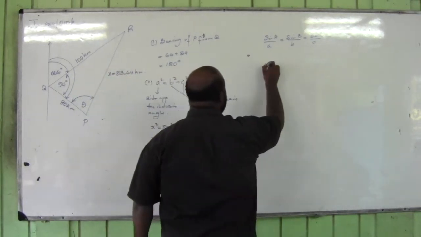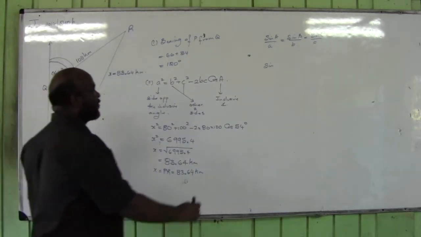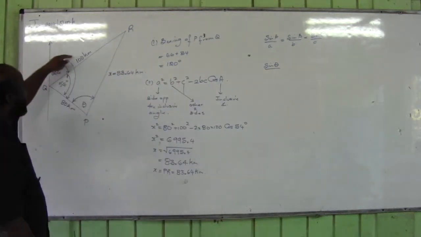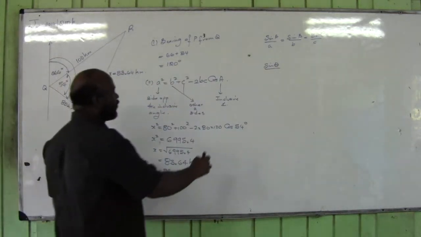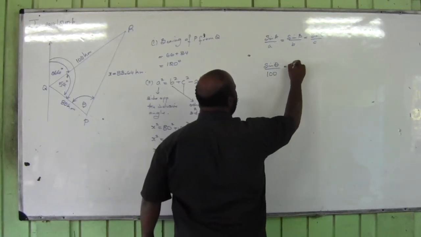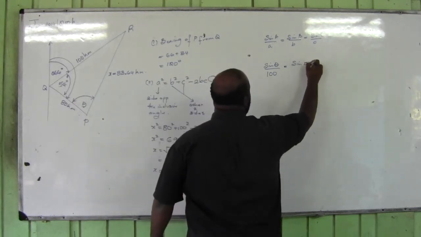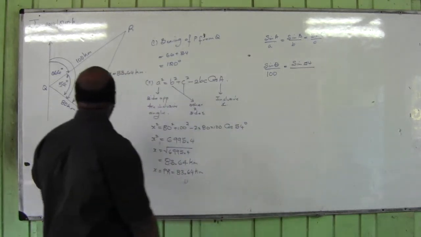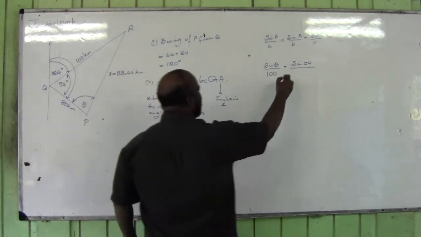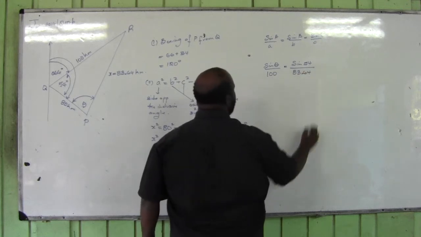This is the sine of the angle I want to find. Sine of theta over the side opposite theta, which is 100, is equal to the sine of 54 over the side opposite 54, which is 83.64.